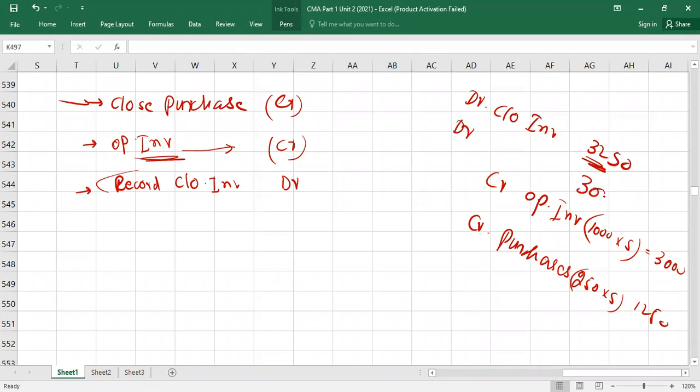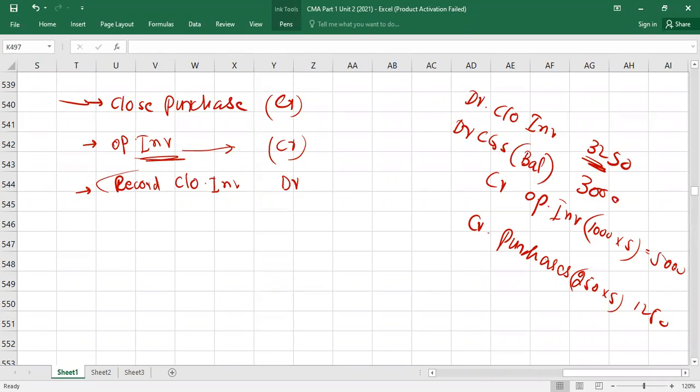You would see here 3,000. This difference is going to be your cost of goods sold as a balancing value. Clear? Got it? How much is it going to be? 3,000 is going to be the cost of goods sold.